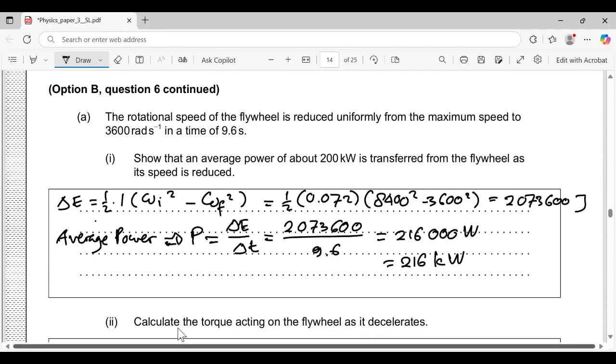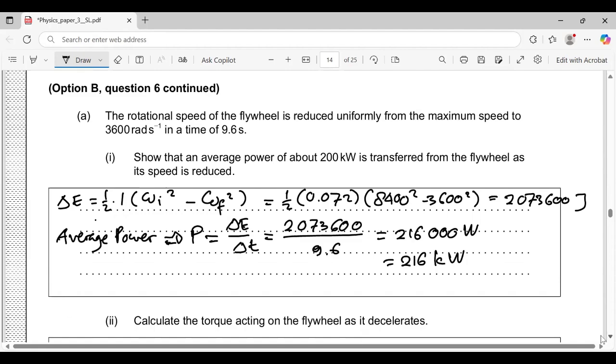After that, calculate the torque acting on the flywheel as it decelerates.